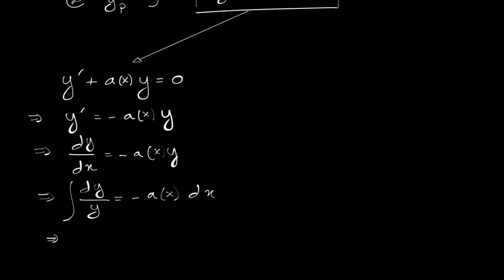Now by integrating both sides, we get the logarithm of y equals, I am going to use big A of x, which is the antiderivative of small a of x, plus a constant k.